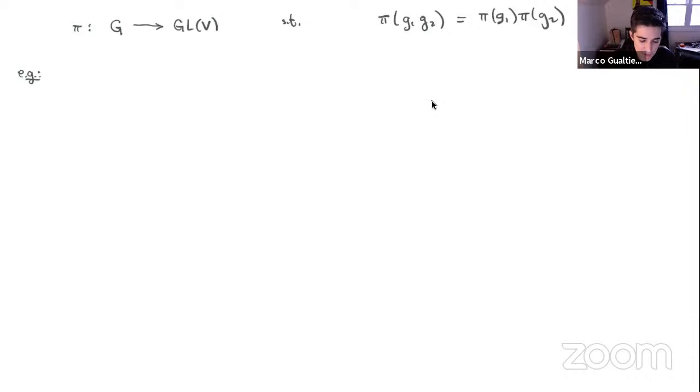So for example, if X is a finite set of cardinality 3, let's say, then we know that S3, the symmetric group of all permutations of 3 elements, acts on this set.